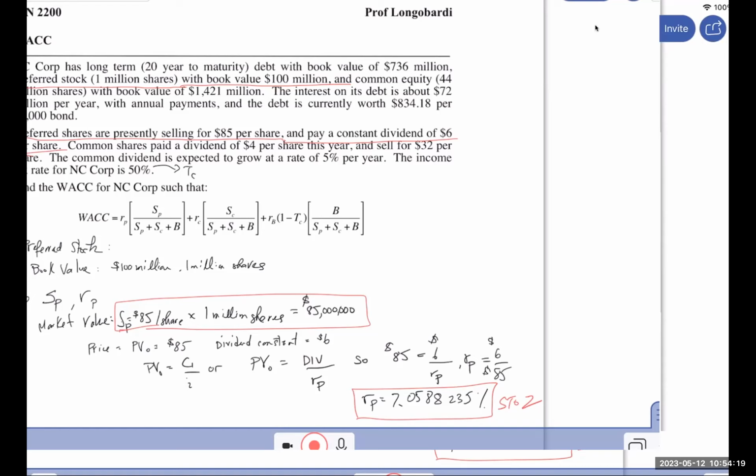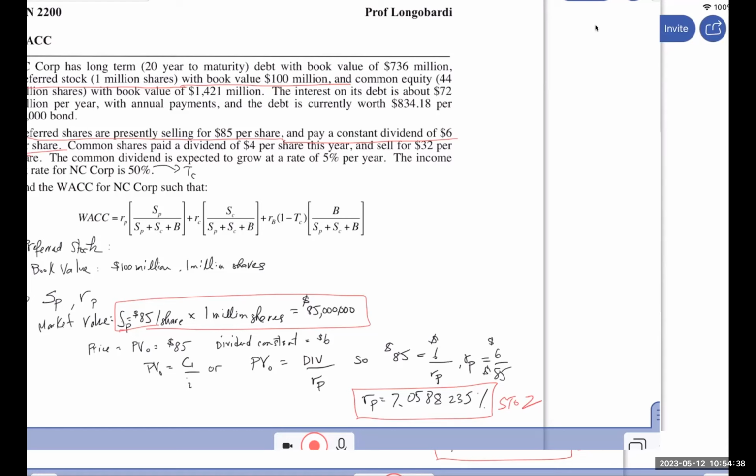Okay, common shares. So you have book value, common equity, 44 million shares with a book value of $1 billion.